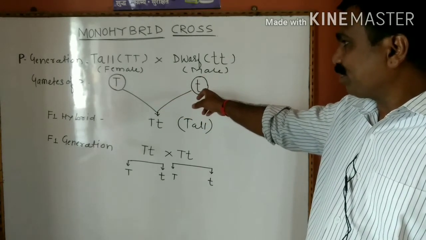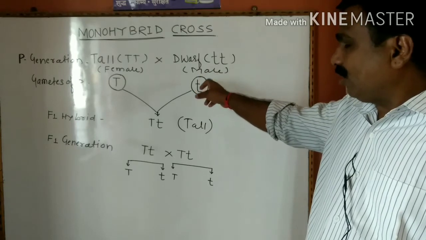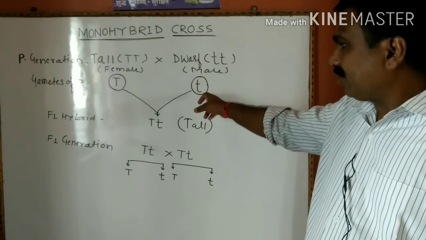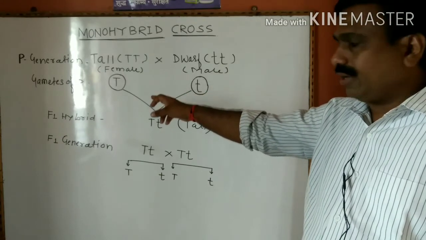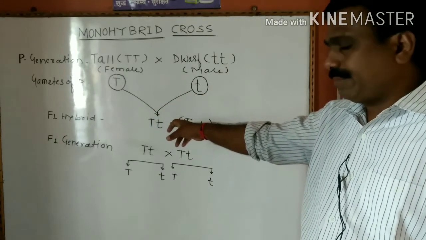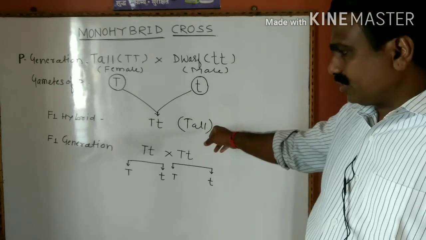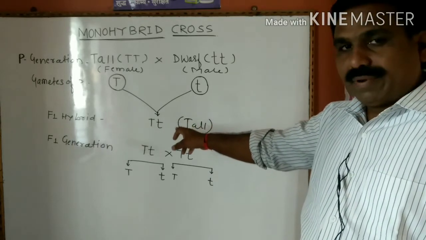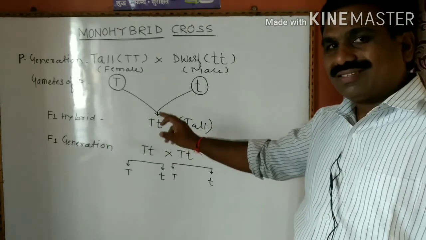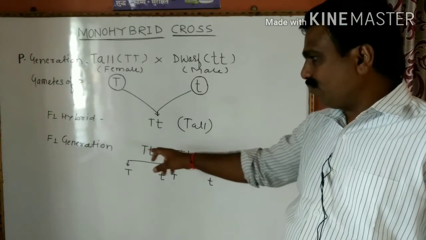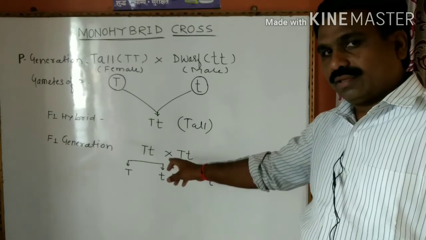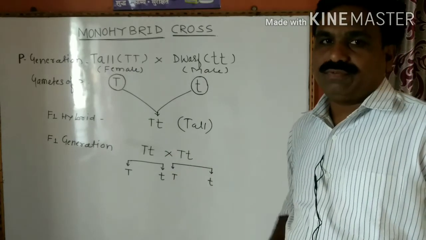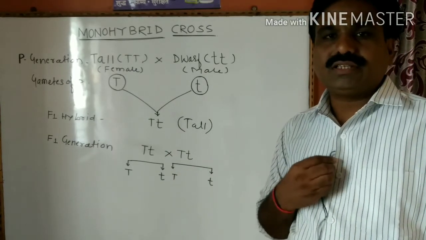Dwarfness is represented by the small letter t, and tall by the capital letter T. The cross gives F1 hybrids that are all tall. These hybrids are allowed natural self-pollination, that is, selfing of the F1 hybrids, to obtain the F2 generation.